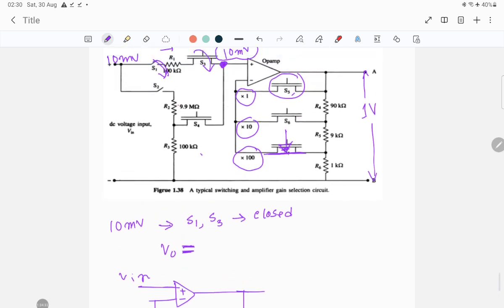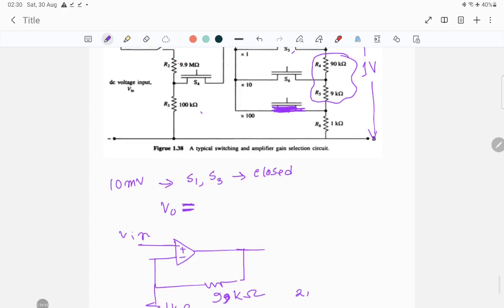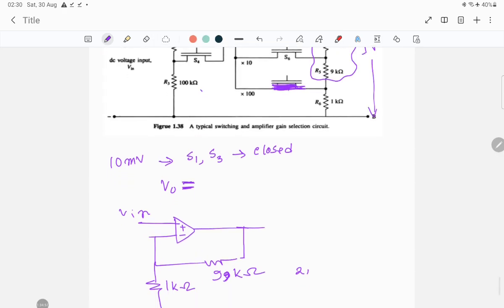When S7 is shorted, these two resistances, 90 kilo ohm and 9 kilo ohm, are in series configuration. So it will be 99 kilo ohm and the remaining will be 1 kilo ohm.